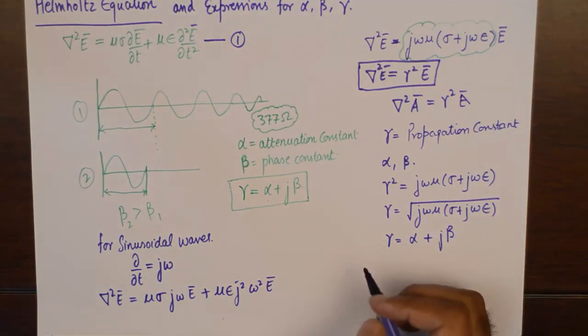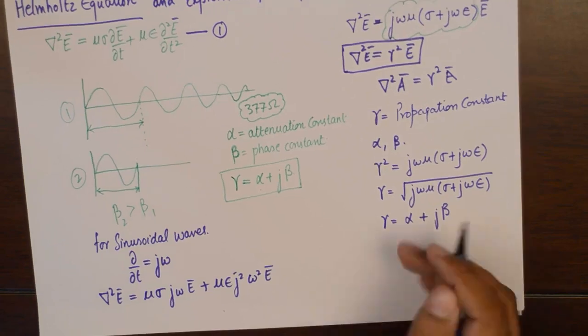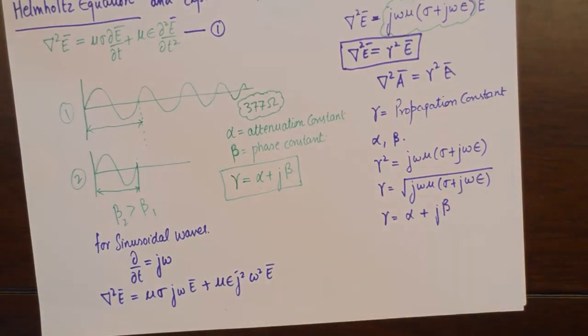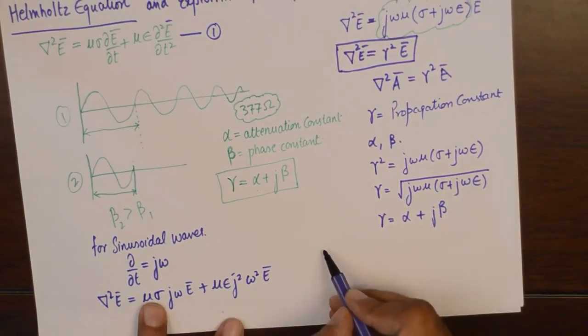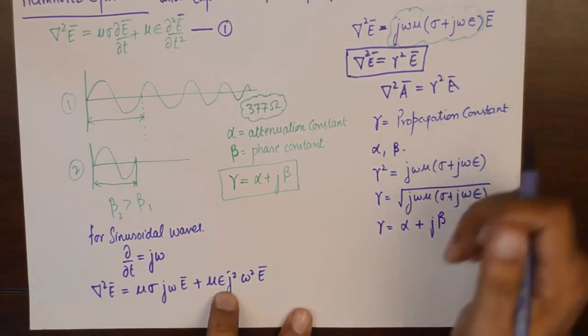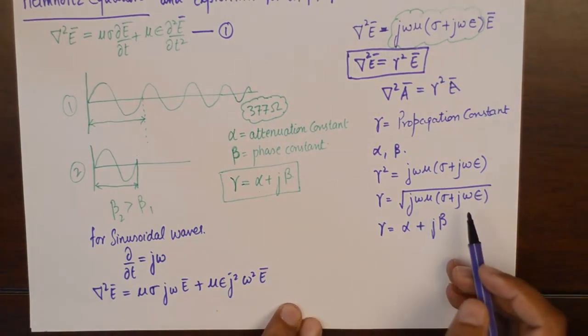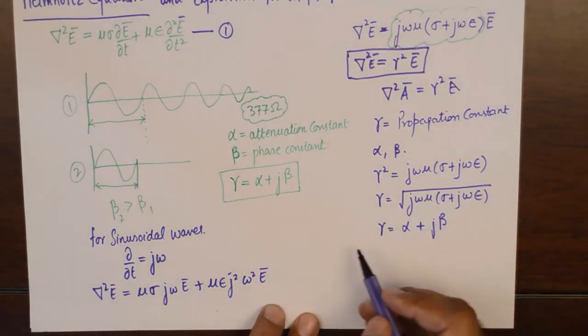After solving, we get the value of alpha to be equivalent to, I'm just writing this value directly. If you wish, you could solve and separate the real and imaginary parts.